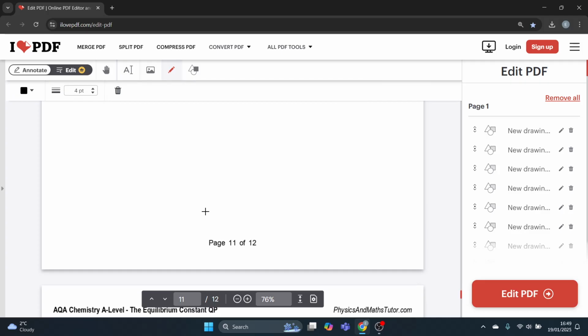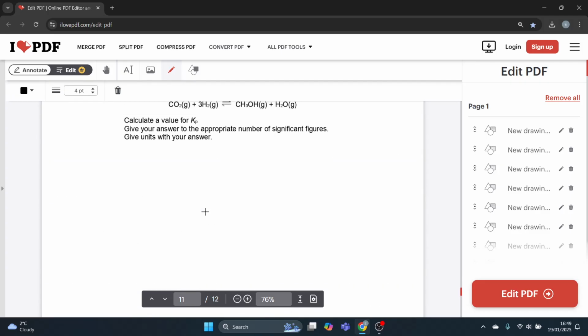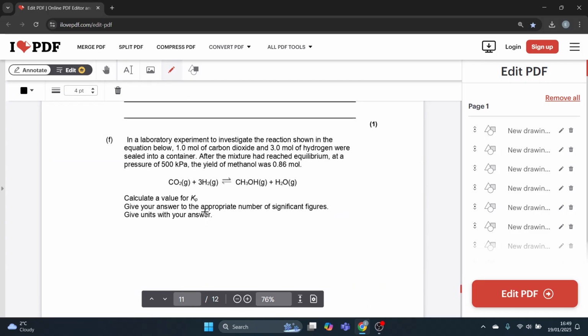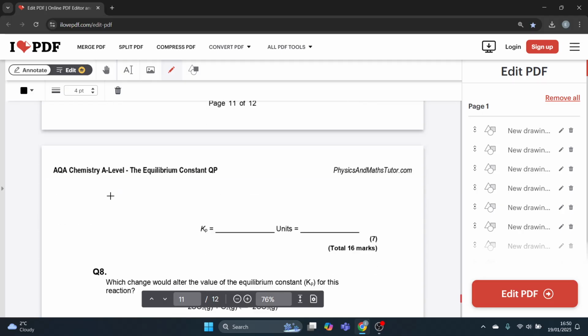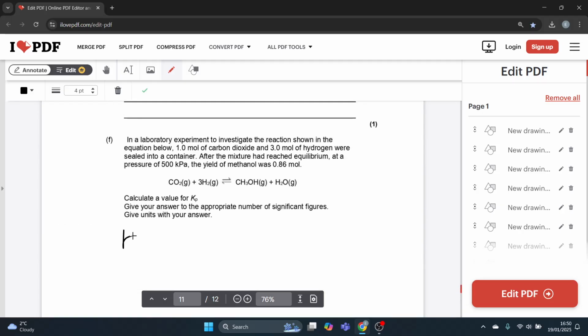And part F, 7 marks. It says laboratory experiment to investigate direction shown in the equation. This much of carbon dioxide, this much hydrogen was sealed. After reaction, this much yield of methanol was obtained. Calculate Kp, give your answer to an appropriate number of significant figures. So first thing I would do is construct an expression for Kp.